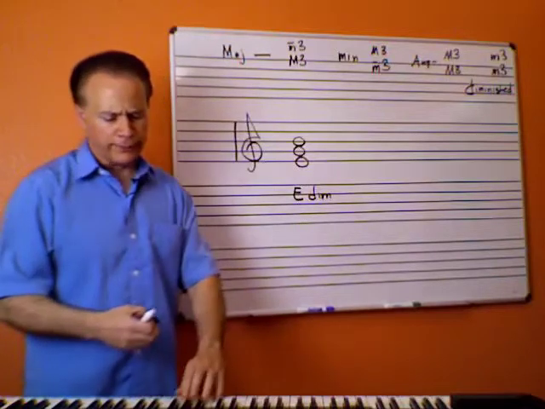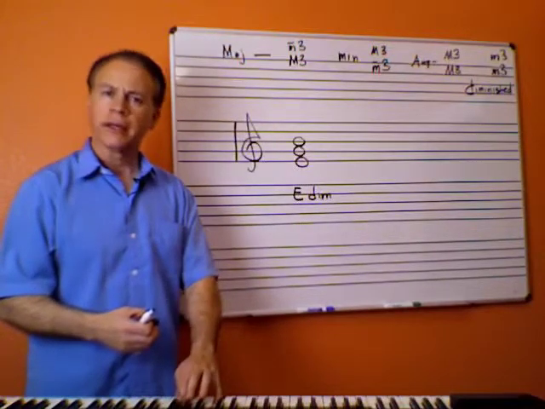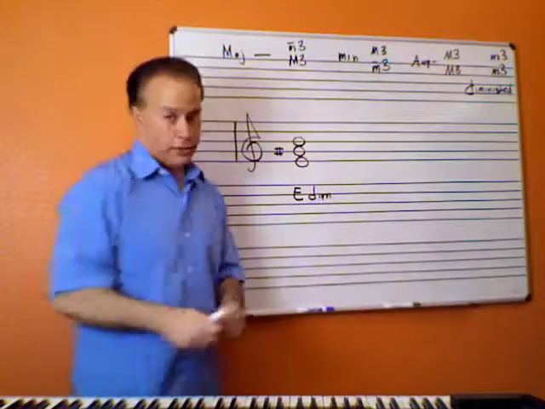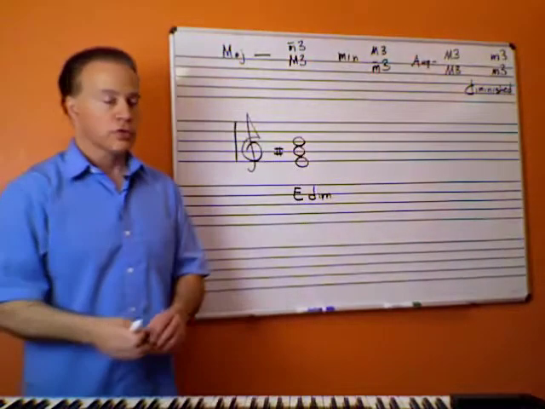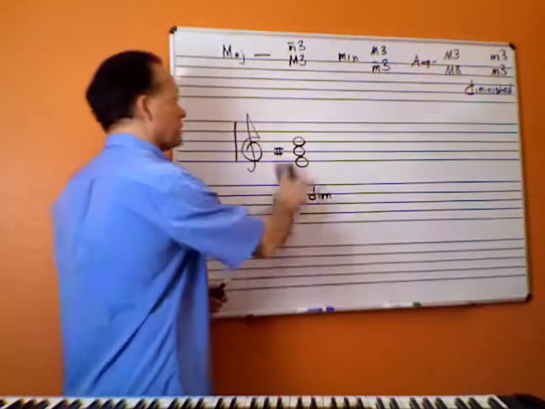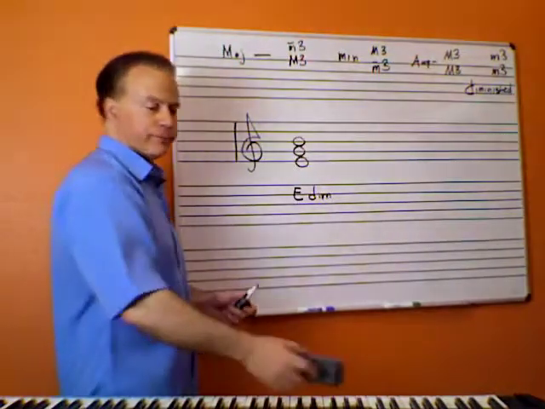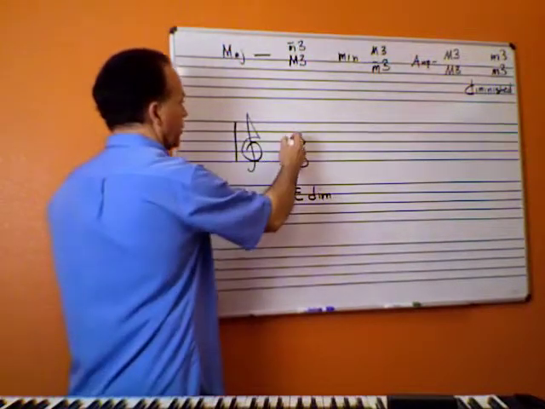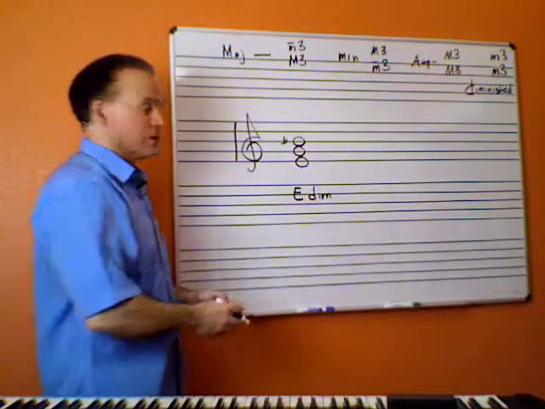So let's go ahead and do that. E, G sharp, and B makes an E major triad. So if I were to lower the third by a half step, that would make it a G natural. And remember, for diminished, you need to lower the fifth also, so that B would become a B flat. And there's our E diminished triad.